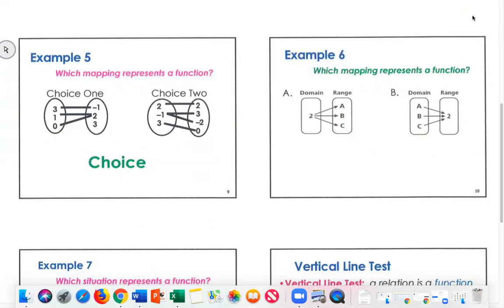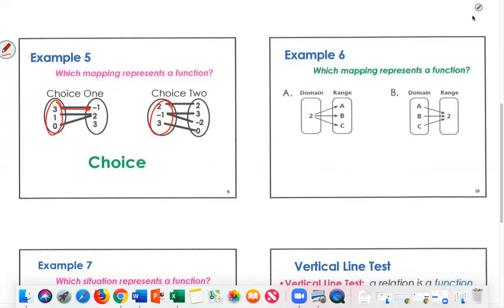Now, in terms of a mapping, I think this is easier to see. So I'm going to look at my mapping. It says which mapping represents a function. I'm going to look at my inputs, which are these numbers and these numbers. Now, these numbers on the left, I'm going to pay attention to the arrows coming out of them.